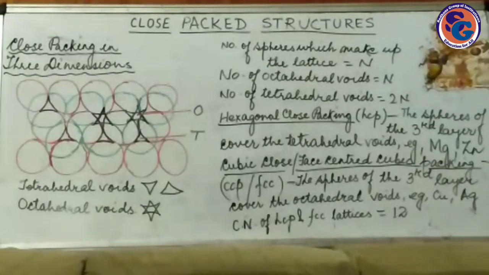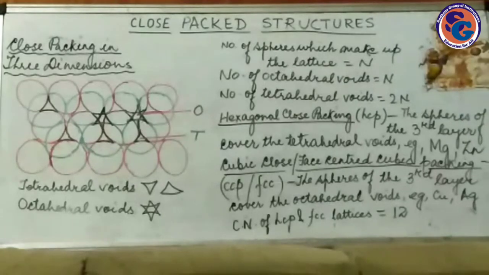The coordination number in case of HCP and FCC lattices is 12. This means that any atom in these types of lattices is in direct contact with 12 other spheres, 12 other particles.